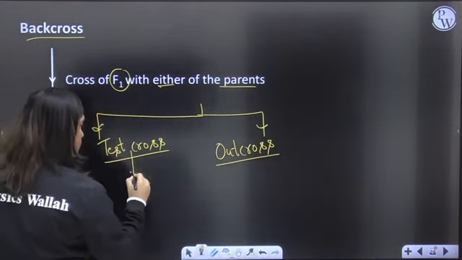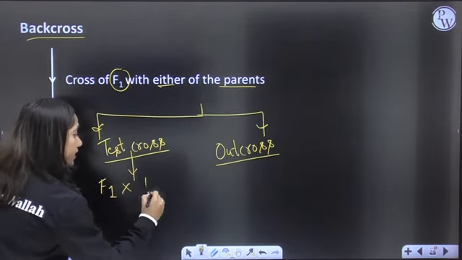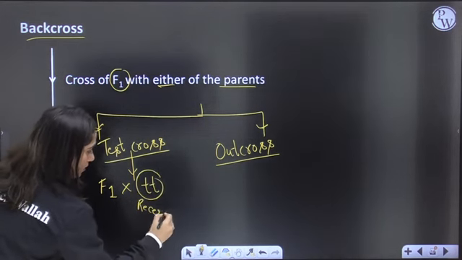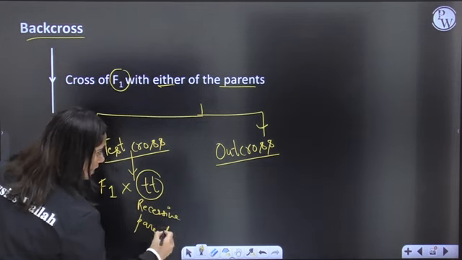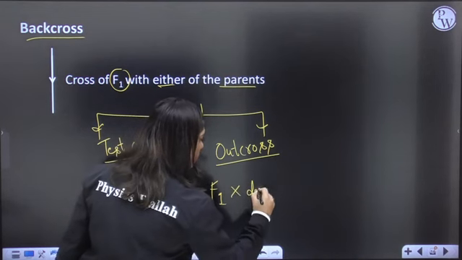A test cross is a cross of F1 with the recessive parent. And an out cross is the cross of F1 with the dominant parent.